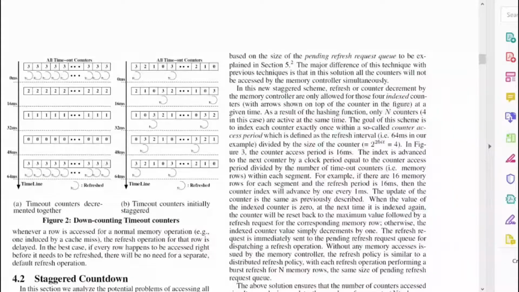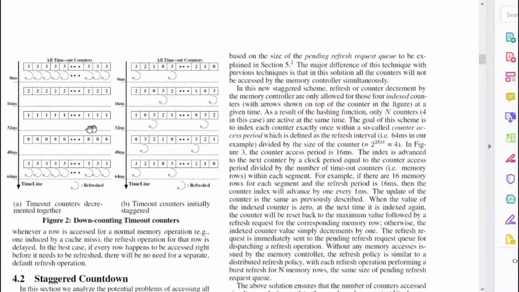If we implement this concept of smart refresh, then it is not required to refresh every row during every periodic refresh. For example, out of all these rows, these three rows have been accessed recently, so at this time their values will not be 0; they will be either 1, 2, or 3.